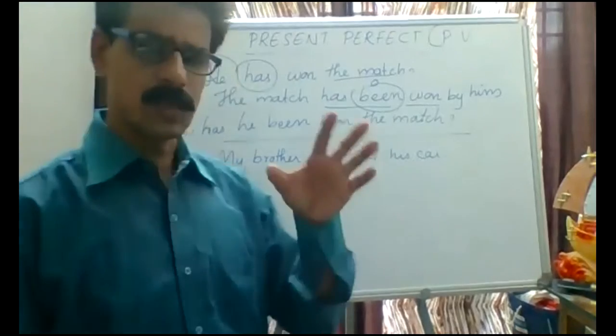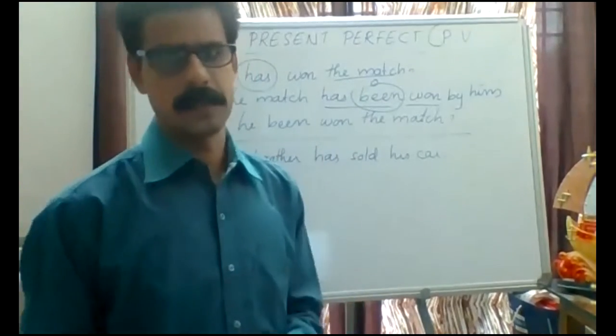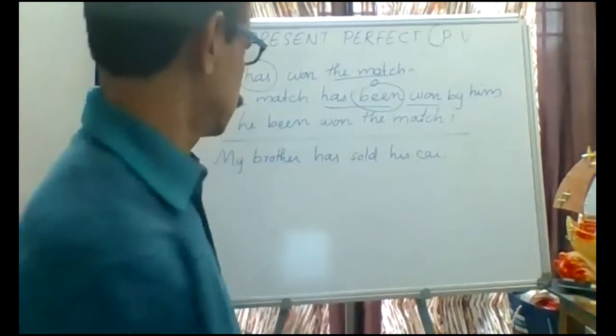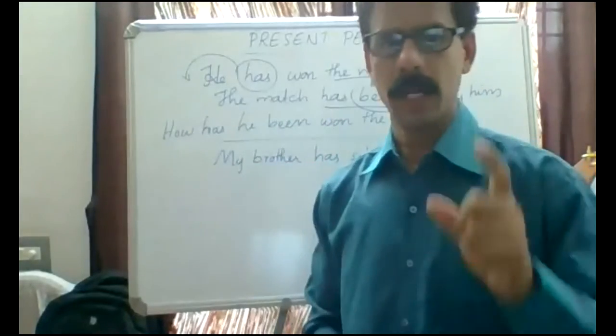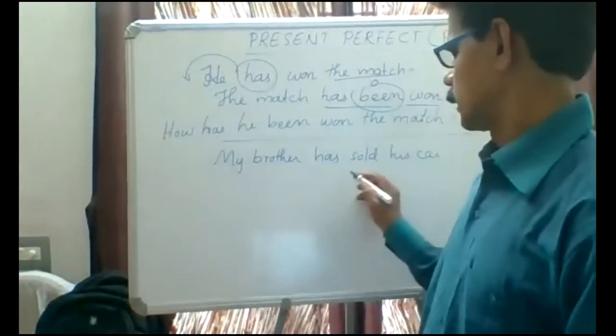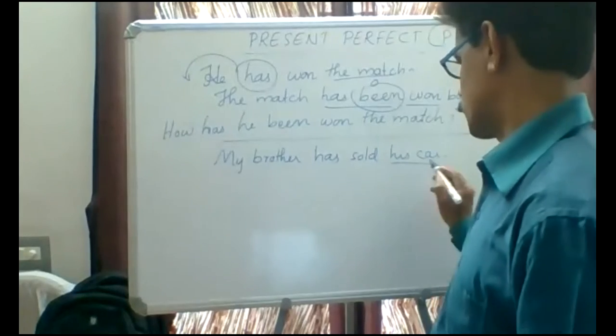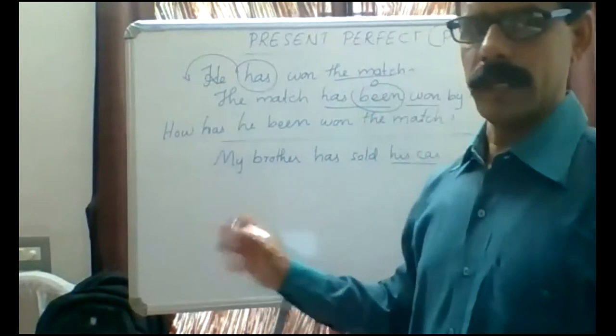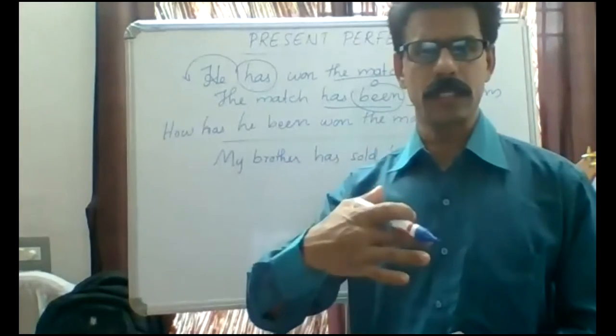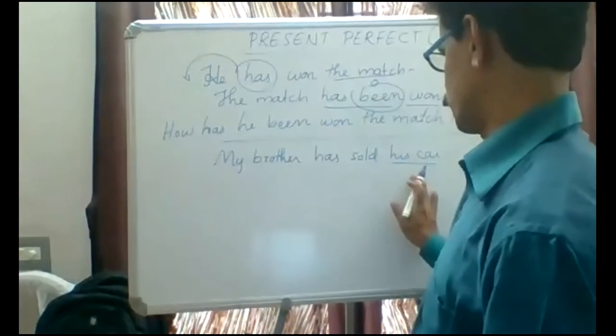Here, first, what is your first attempt to find the object? What is the object here? What has my brother solved? A car, or his car. His car is the object. So when we transform the sentence into passive, we just start the sentence with this object.